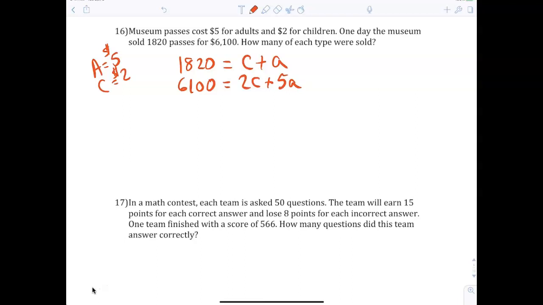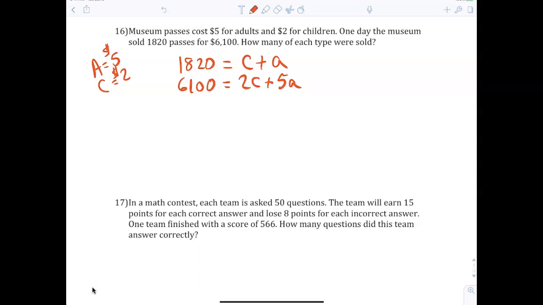They're either what? So C plus A is 1,820. Now each child paid how much? And each adult paid? And you brought in what?